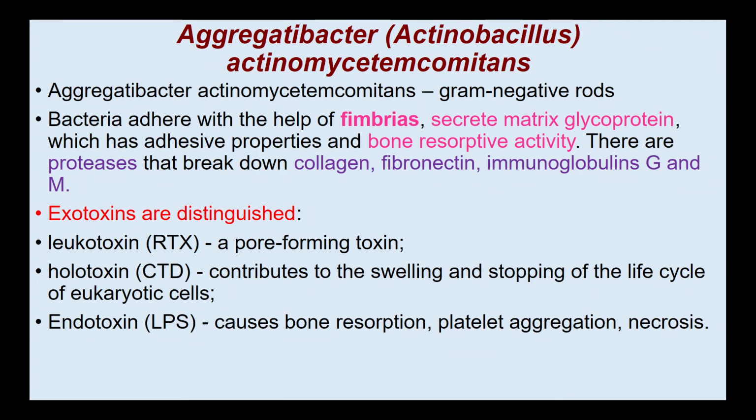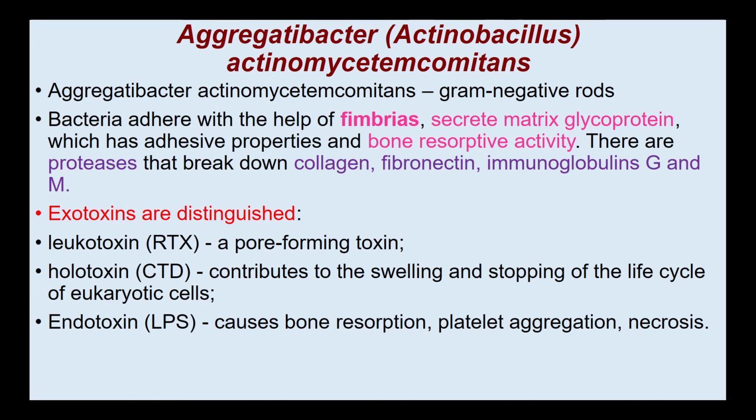Another causative agent which plays a very important role in periodontitis is Aggregatibacter, previously called Actinobacillus, but now Aggregatibacter actinomycetemcomitans. A distinguishing feature is that it very often aggregates with actinomycetes and is present in other lesions together with actinomycetes.